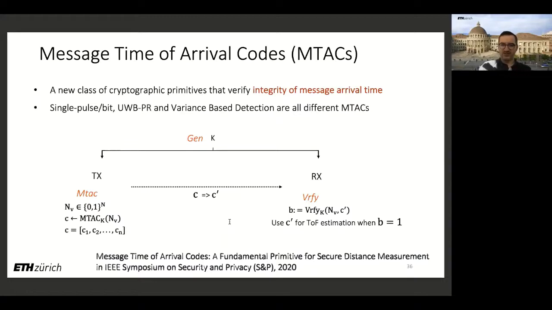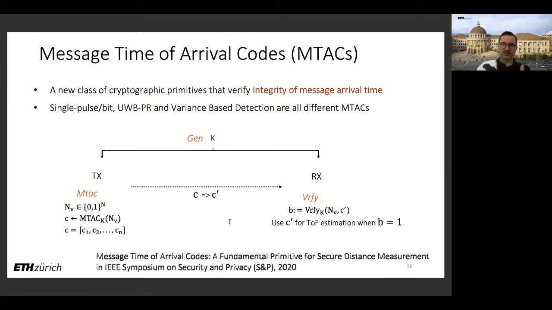The reason is that because we are all used to thinking about bits, and this is the abstraction that we work with. But here the decision to decode what you receive is not the only decision that you make.